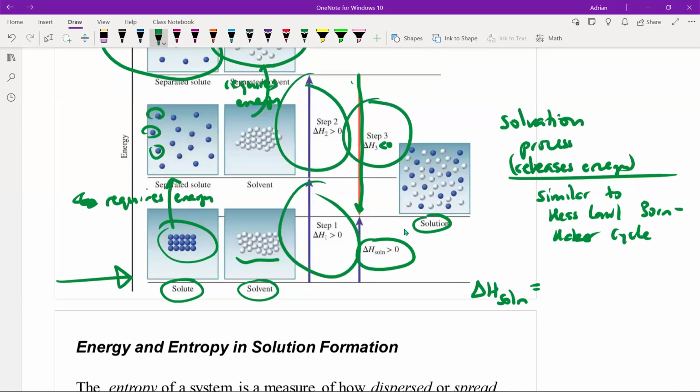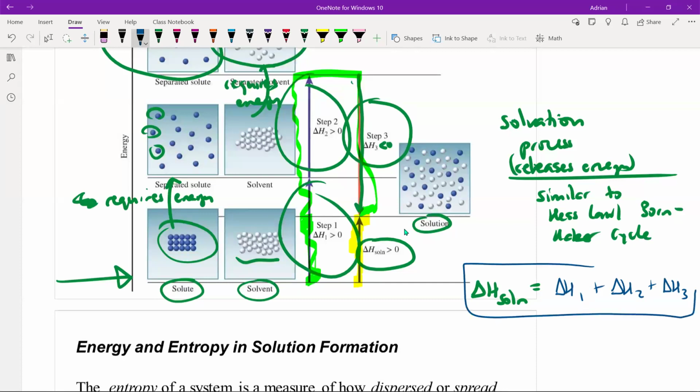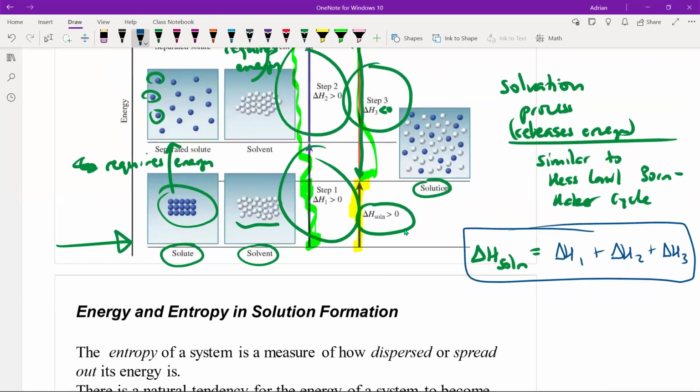So to get from the separated solute and solvent to the solution, this pathway in yellow is the same as going through the first step, then the second step, and then the third. We end up at the same point. So again, it's a state function, as we know delta H is. So the delta H of the solution would be delta H step 1, plus delta H step 2, plus delta H step 3. If we know what those delta H's are, we could actually calculate the delta H of that solution.